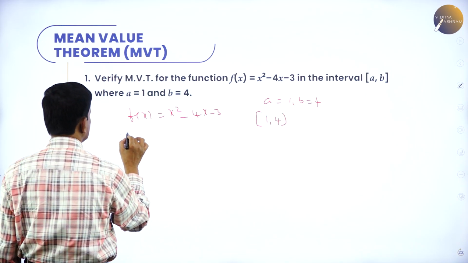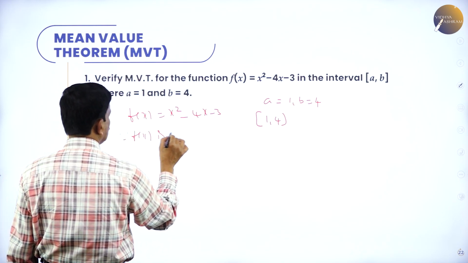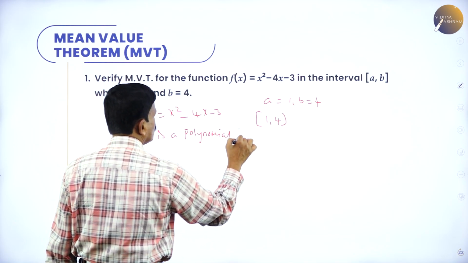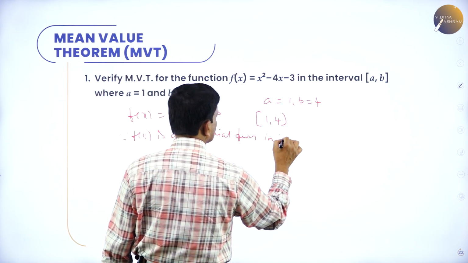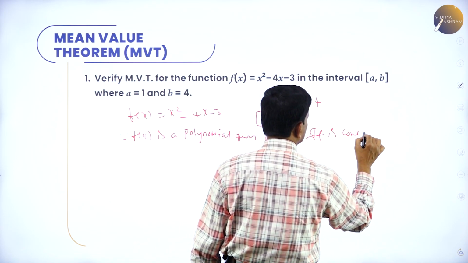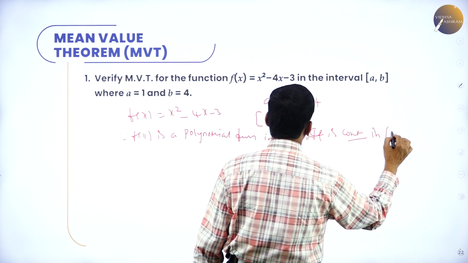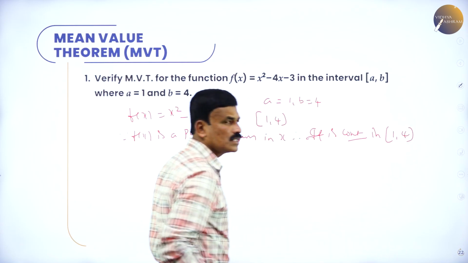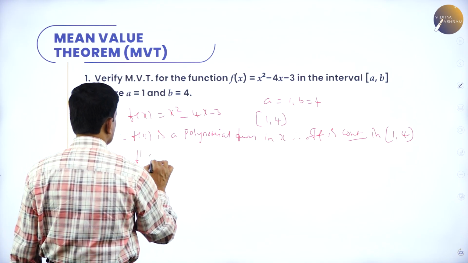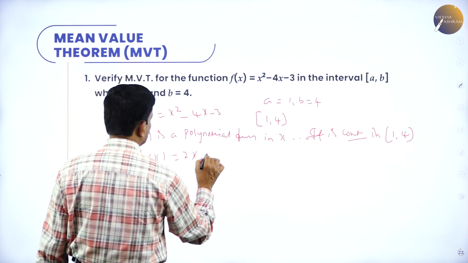Since f(x) is a polynomial function in x, therefore it is continuous in the closed interval [1, 4]. Now, differentiate this. f'(x) is equal to 2x minus 4.